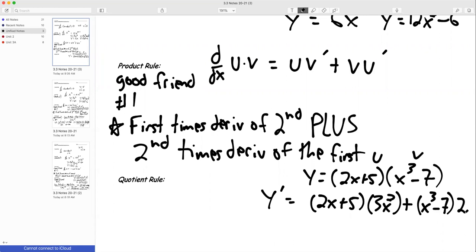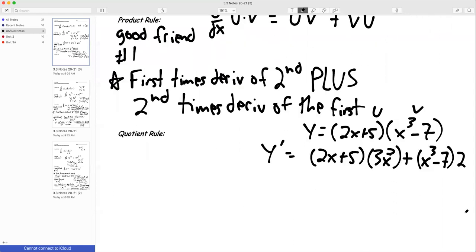The order here doesn't matter, okay? And unless I tell you, I would leave it unsimplified, just like that. Okay? Question so far? I've got one more rule. This is my good friend number 2.